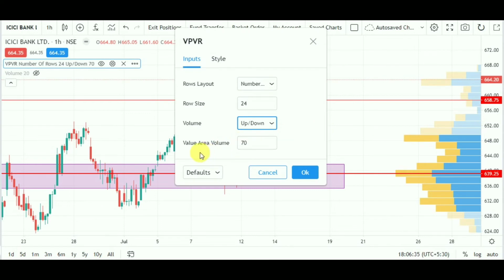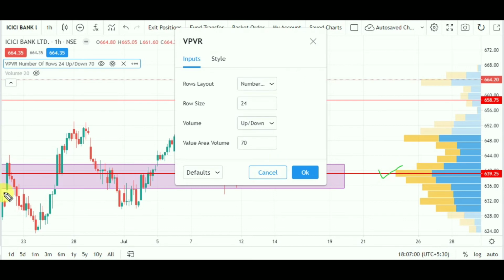Next, value area volume. You need to input a number here. The default option is 70. What this means is the chart will highlight that region where 70% of the total volume was registered over the area under display.